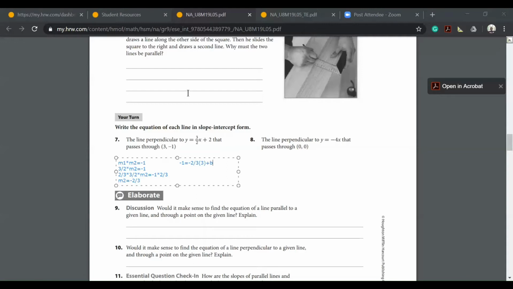So negative 1 will be negative 2 plus b. Shifting negative 2 to the other side, you will find that b will be equal to 1. I found b, now I can write my equation. y equal negative 2 over 3x plus 1.